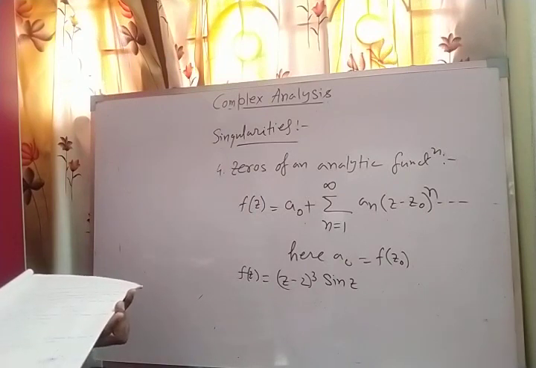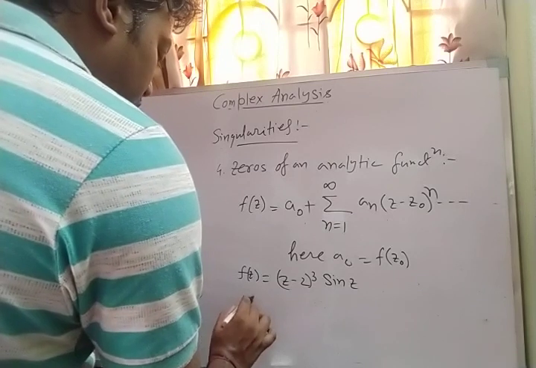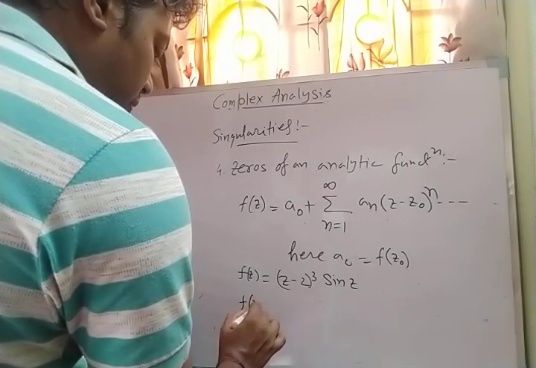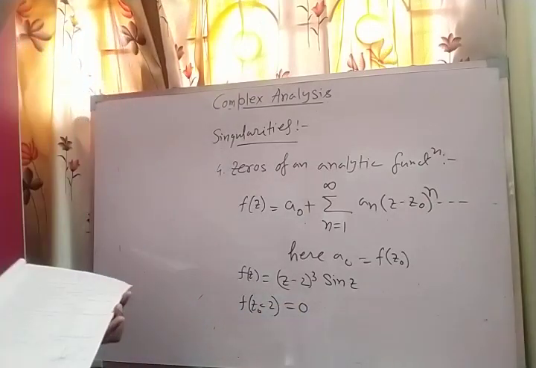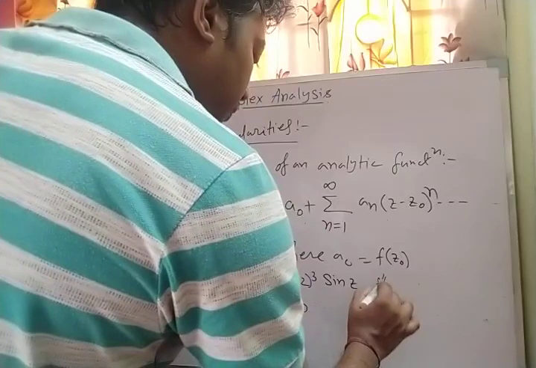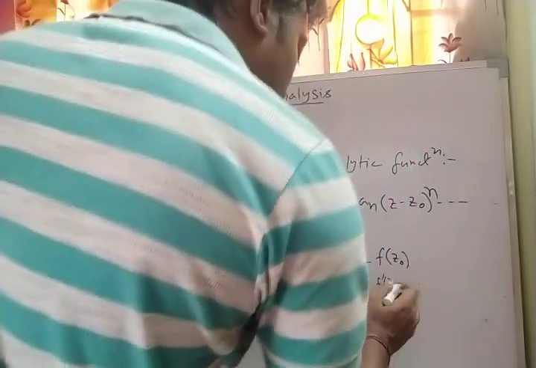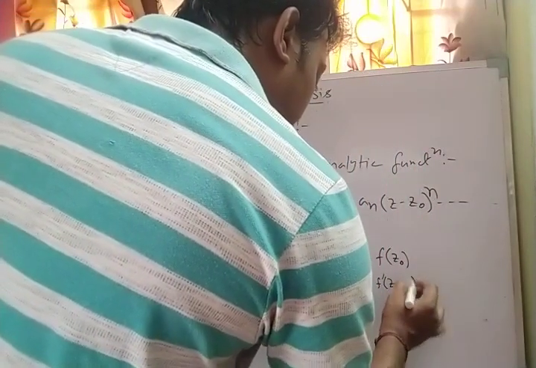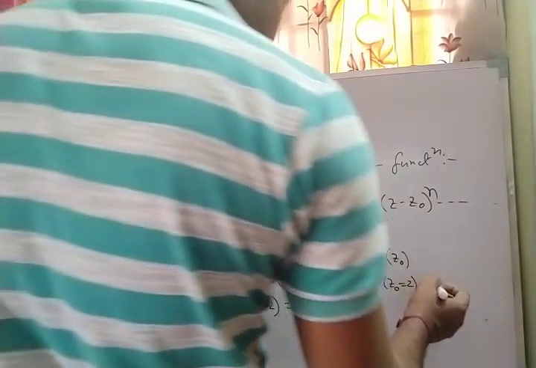Now we can easily say that f of z0, that is z0 equals 2, gives the function 0. Okay, fine. Now let us find the first order derivative f prime z, and f prime z at z0 will also give 0.